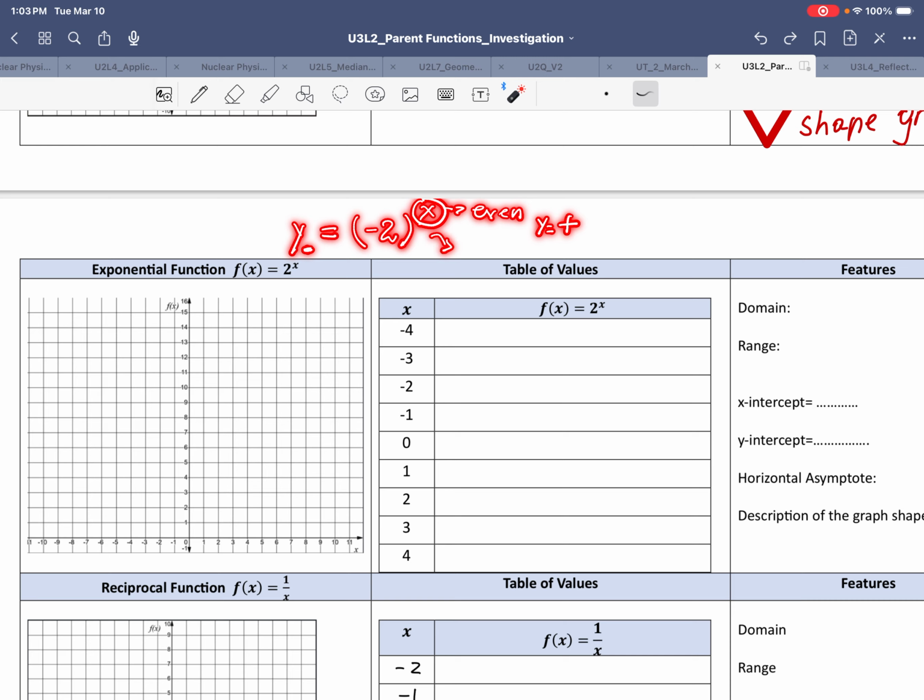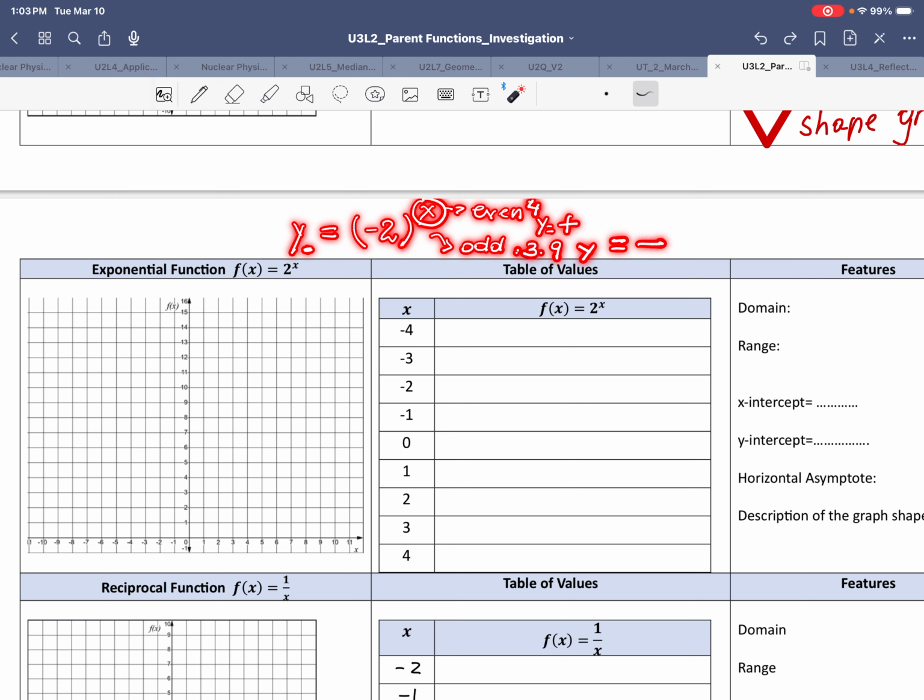But if x happens to be an odd number, and as an example here, I'm going to take an even number, let's say positive 4, for example, or an odd number such as 3.9. There are two numbers very close to each other. So if the exponent is 3.9, which is an odd number, then the value of y will be less than 0, so it will be a negative.